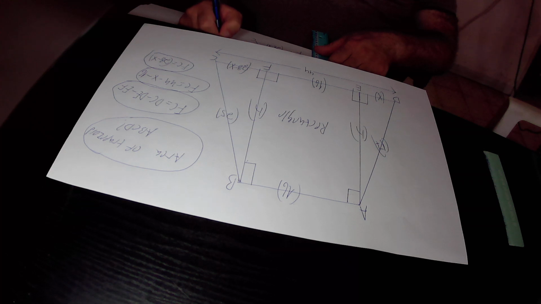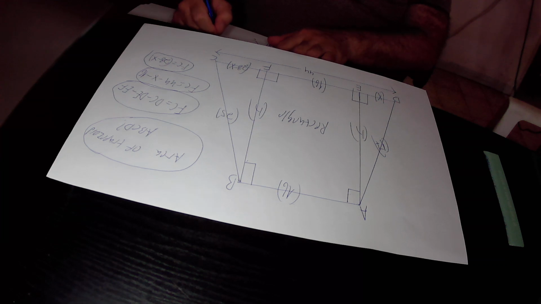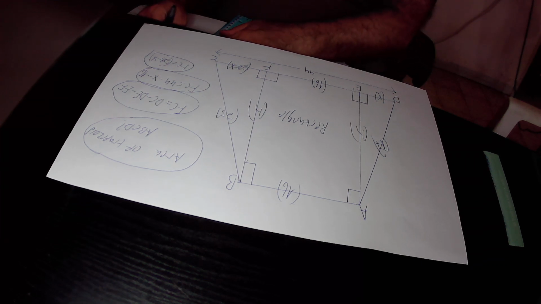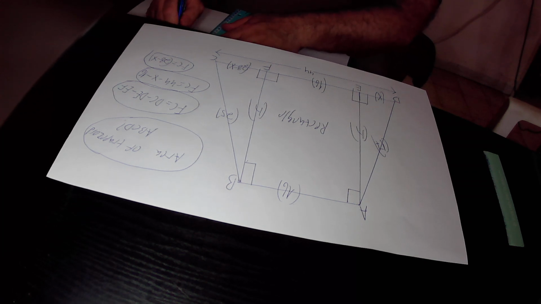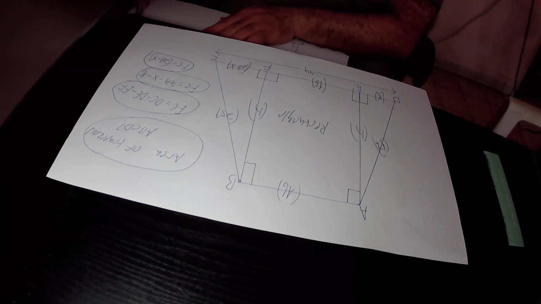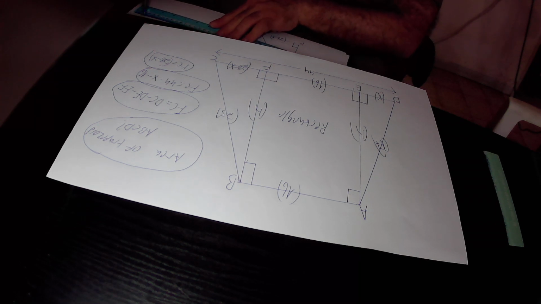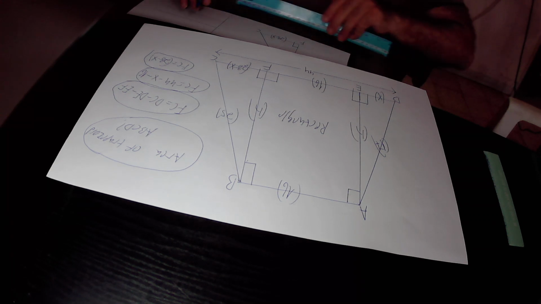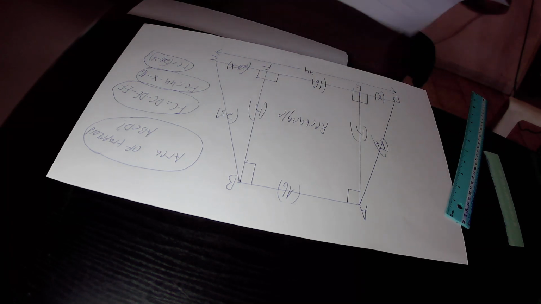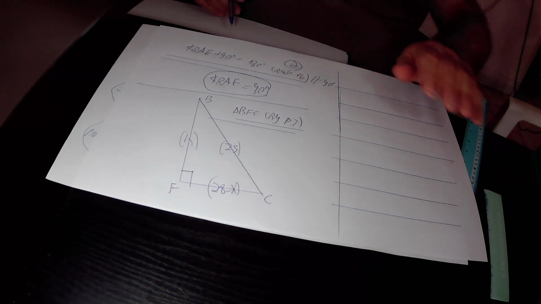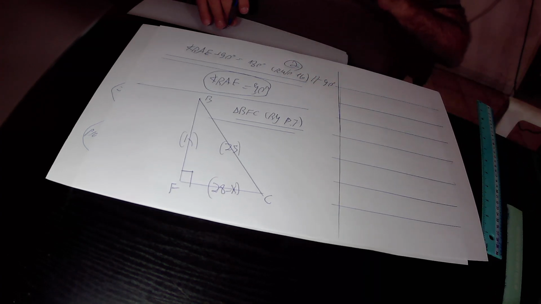Here PT is the abbreviation for Pythagoras theorem. So actually, this is the right triangle BFC that I copied from the original drawing.